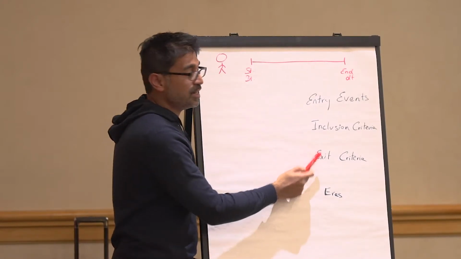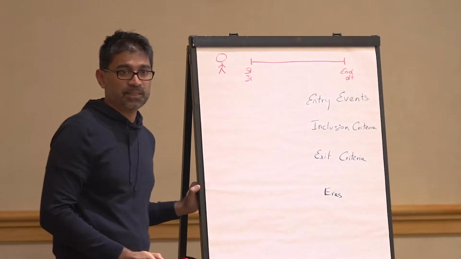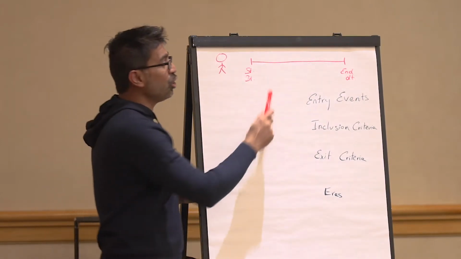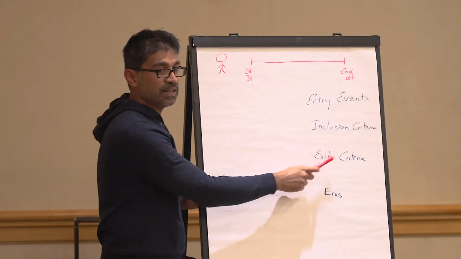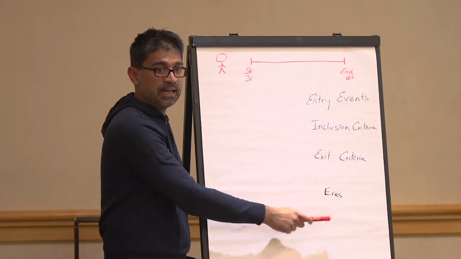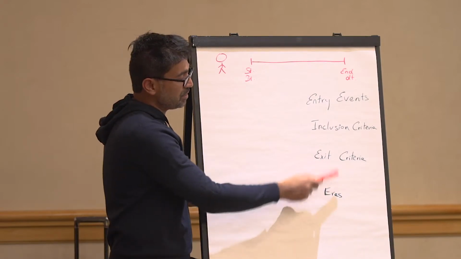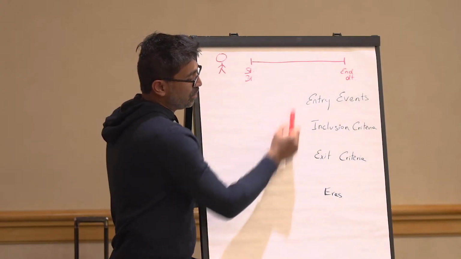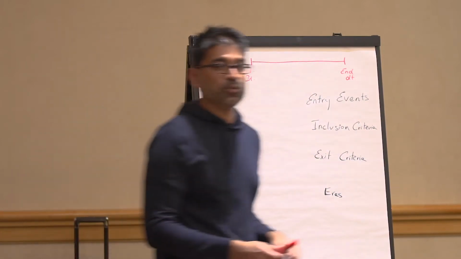Exit criteria is the rules applied for the end date. How long the person stayed in the cohort is part of the exit criteria. And the errors, they go hand in hand. Errors is a little more complex, but it brings this whole thing together in a special way.